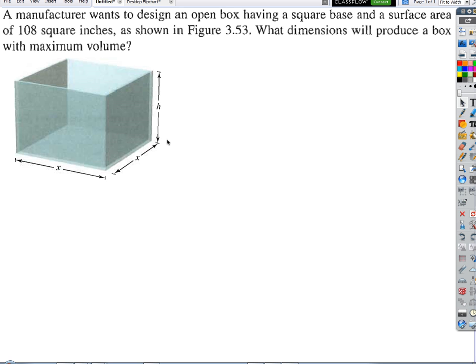Okay, so step two means that we're going to write V equals, and we're going to come up with an equation for volume. h x squared. So it's just going to be the area of the base times the height, right? Does that make sense? Just a rectangular prism. So there you go.